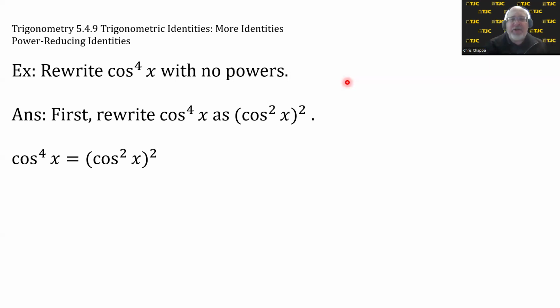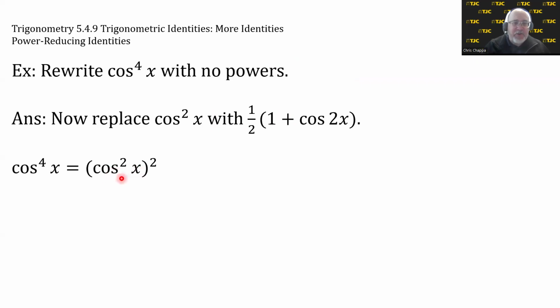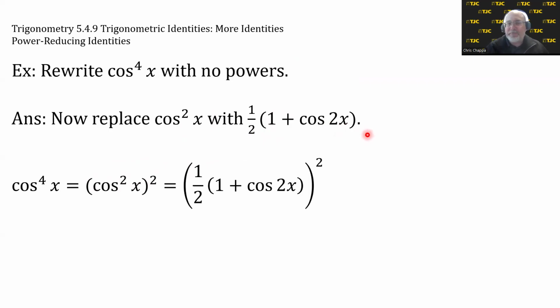So we're going to rewrite cosine to the fourth power of x as cosine squared of x, squared, just like we did here. Now, that exposes the cosine squared of x, which we can replace with its power-reducing identity, 1/2 times 1 plus cosine 2x. So the cosine squared x will become 1/2 times 1 plus cosine 2x, like that.